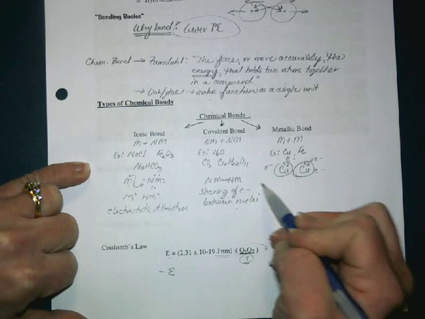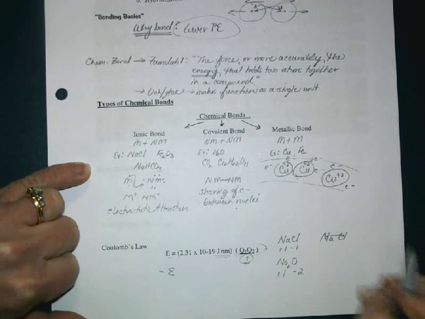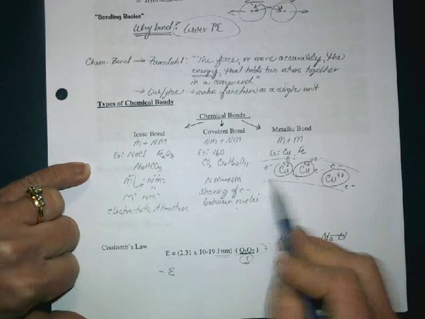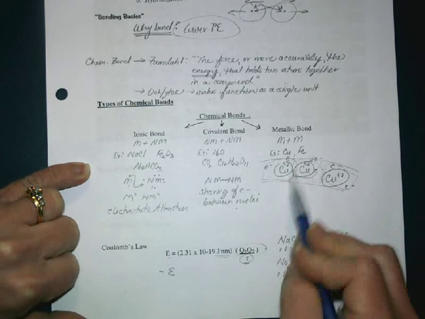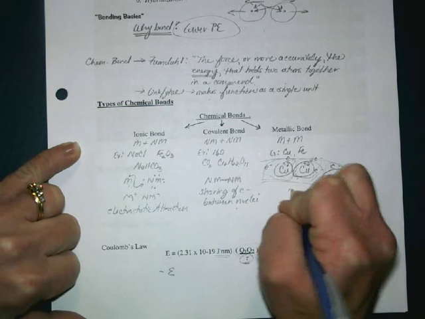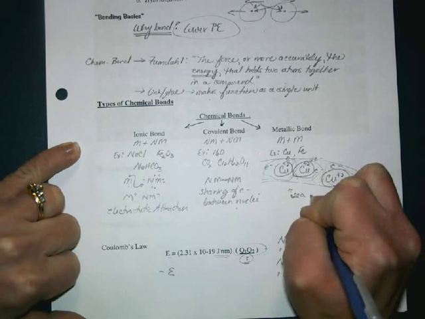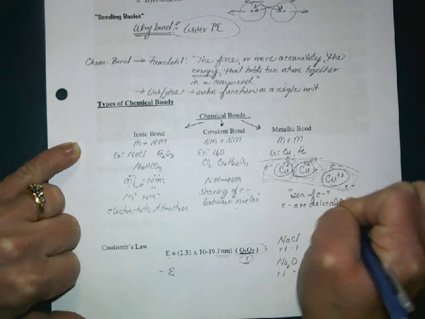So what happens if we have a copper wire, we have several copper cations that have lost their electrons. They need them there, but no one wants to claim ownership. So the electrons are free to migrate, free to swim amongst all of the cations. We say that metallic bonding is a sea of electrons, or that the electrons are delocalized. They do not have a home.